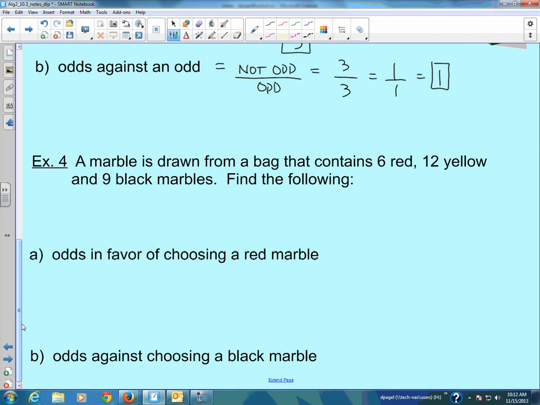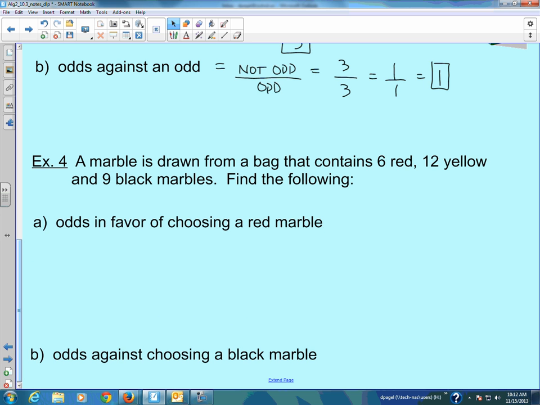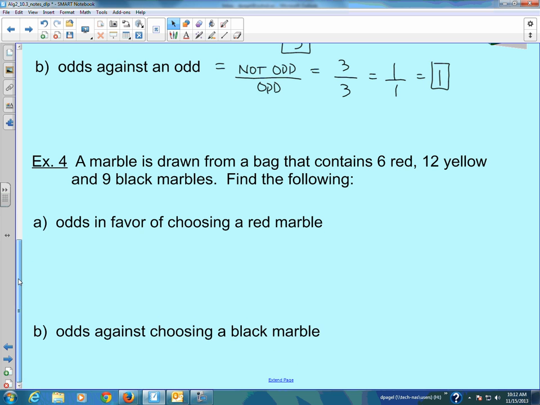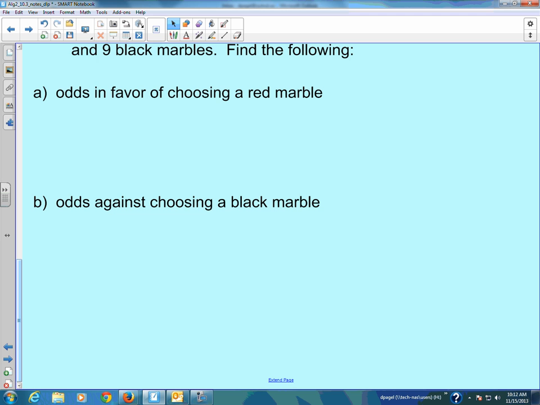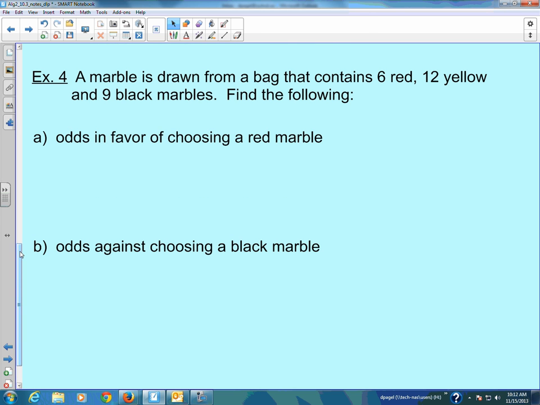We've got in a bag 6 red, 12 yellow, 9 black marbles. Finding the following here, again, thinking about odds. We could also maybe include some discussion on probability as well. So we have the odds in favor of choosing a red. So generically speaking, we would say we want a red, and compare that to those that are not red.